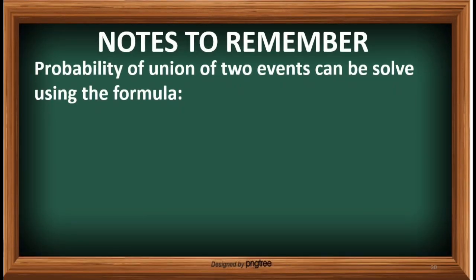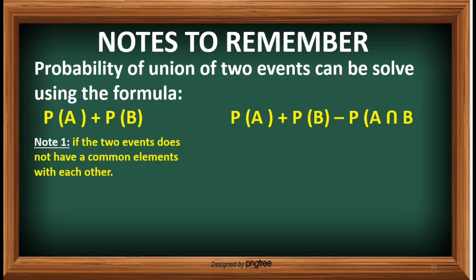The probability of the union of two events can be solved using the formula. Note number 1, for the probability of A plus the probability of B, we have to take note that if the two events do not have a common element with each other, we will use this formula.